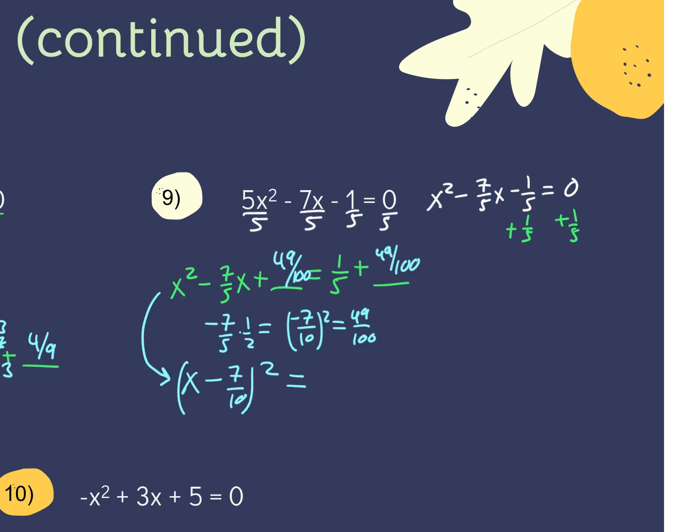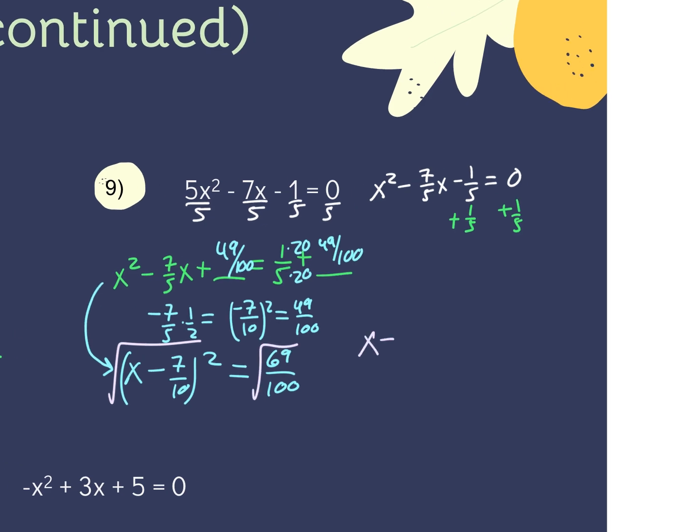And then on the other side, I want to find a common denominator between 5 and 100. It's going to be 100, so we can multiply the top and the bottom by 20. And so I get 20 plus 49 on top is going to get us 69. Over on the bottom, I get 100. And then I can square root both sides.